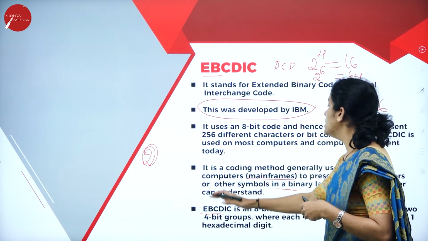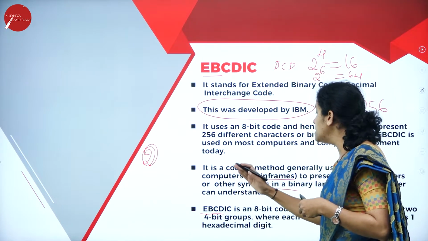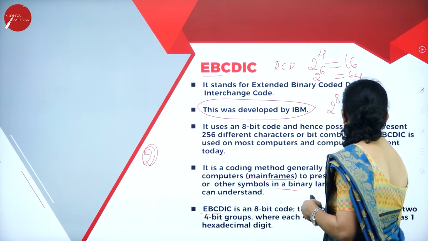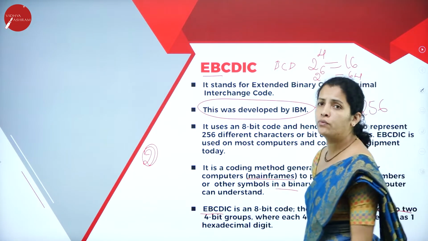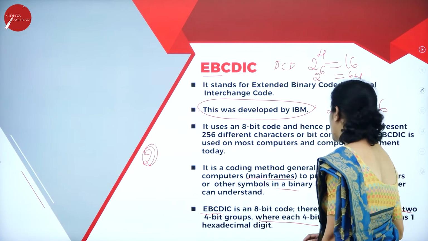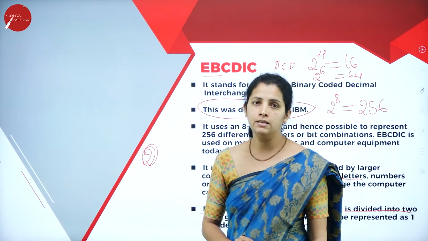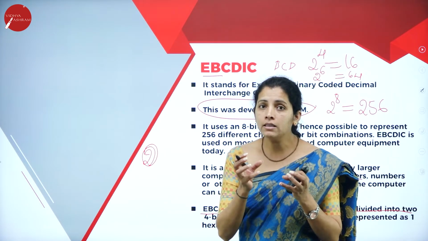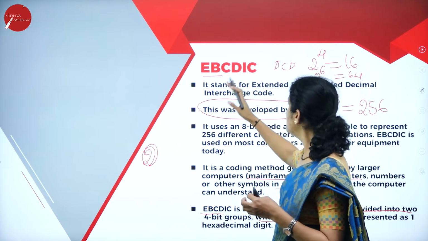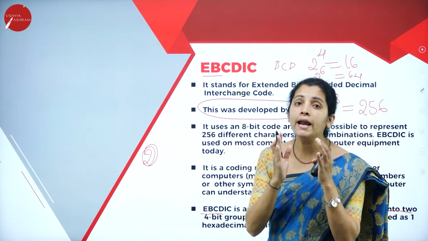That is nothing but here the extended binary coded decimal interchange code is an 8-bit code. Therefore, it is divided into 2 4-bit groups where each 4-bit group can be represented as 1 hexadecimal number. That means whatever extended binary coded decimal interchange code we have contains 8 bits.